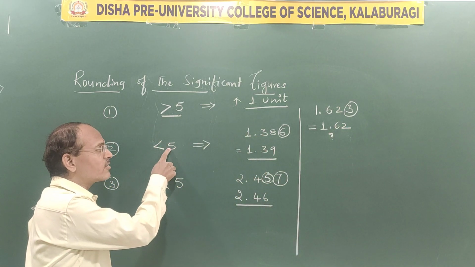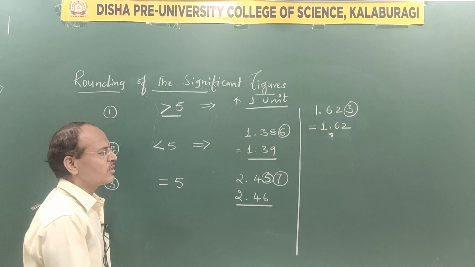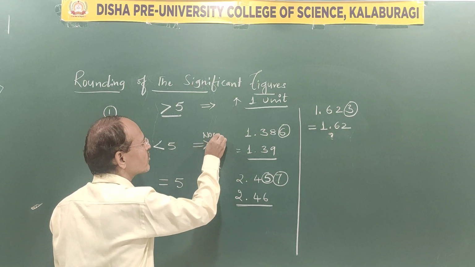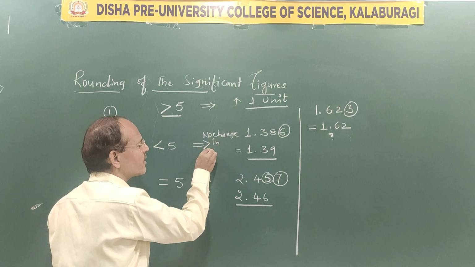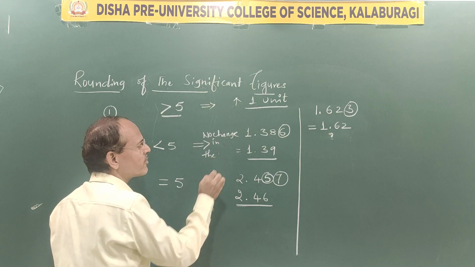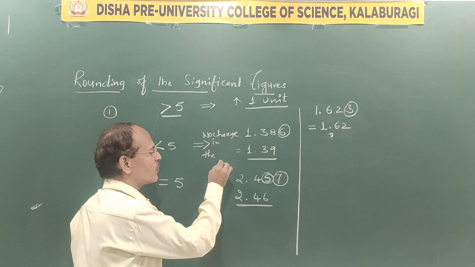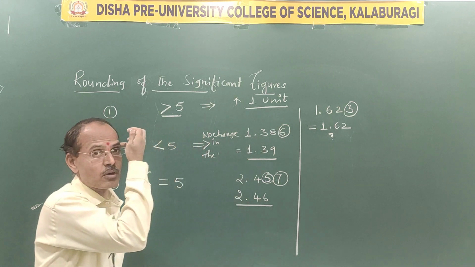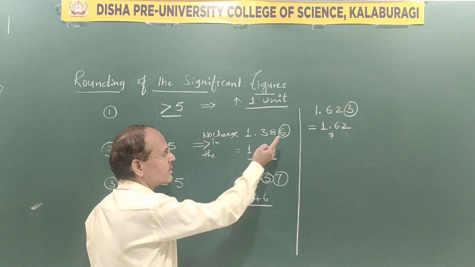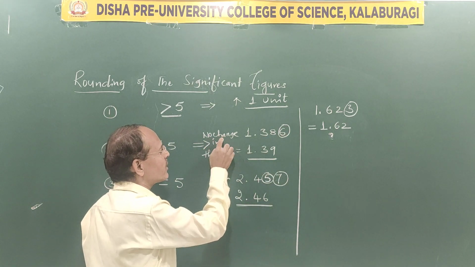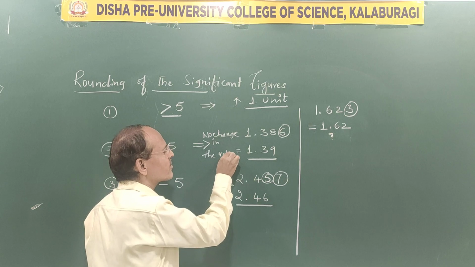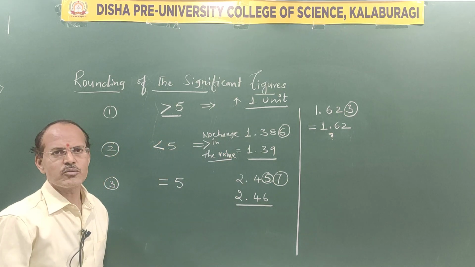That means if it is less than 5, no change in the preceding number, the number before that value. So simply no change in the value.